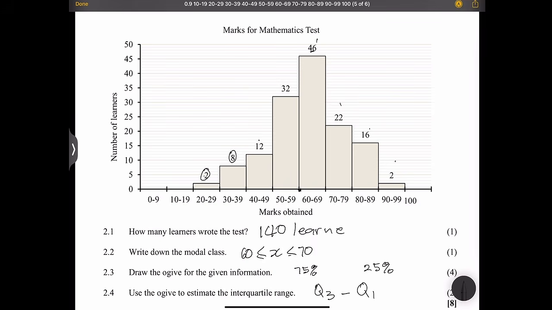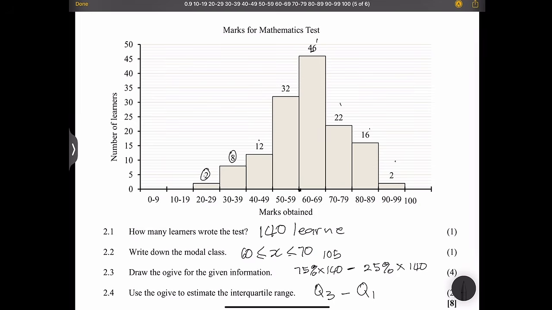Now, what is 75% of 140, minus 25% of 140? So let's do that. 0.75 times 140, I'm getting 105.